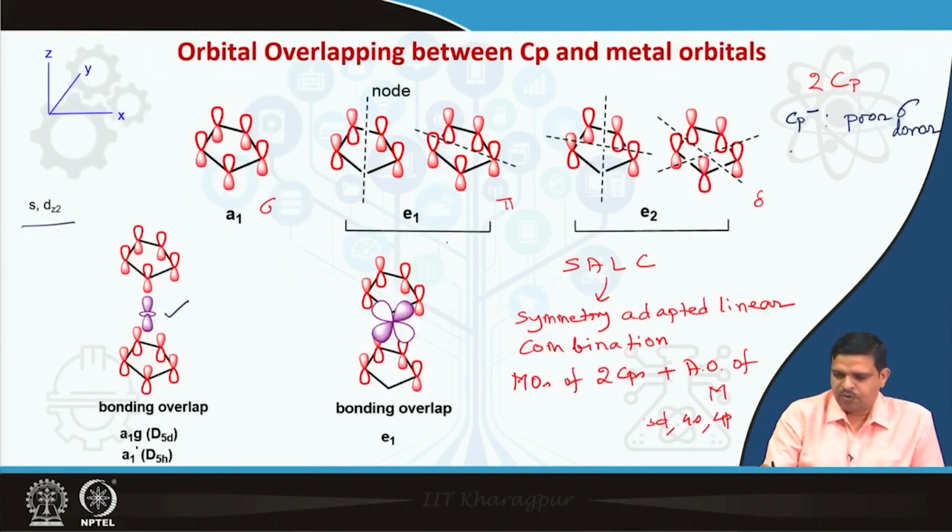Similarly, Cp minus is also a poor pi acceptor due to the energy mismatch.